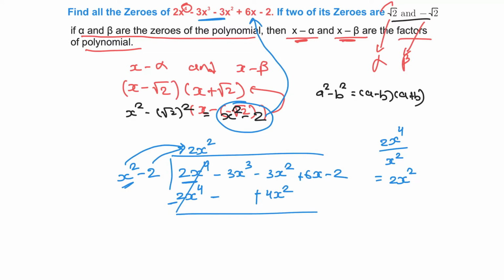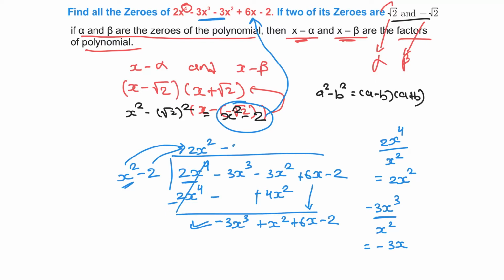Now minus 3x cube, minus 3x square plus 4x square, then plus 6x and minus 2. This is our new dividend. Now divide the first term of the new dividend, minus 3x cube, by the first term of the divisor, x square. So we get minus 3x. This is the second term of the quotient.